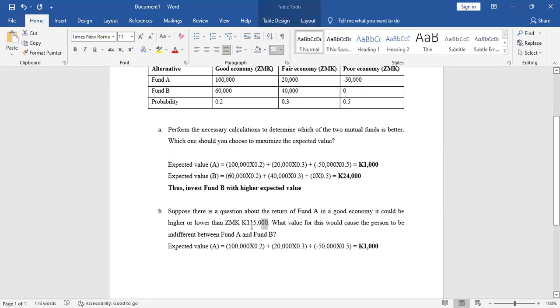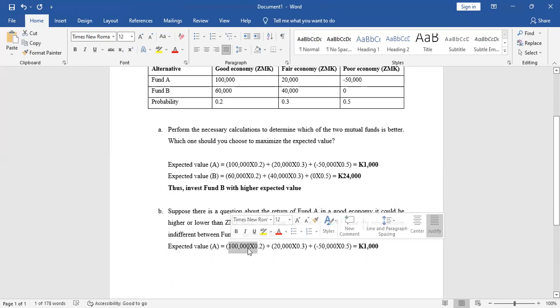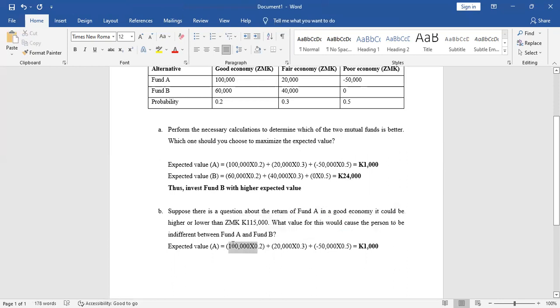I'll increase it by 115, so it will become 215. So let me put 215 here, and then I calculate to see what it will become. If it becomes the same as 24,000, then it simply means that I've become indifferent.